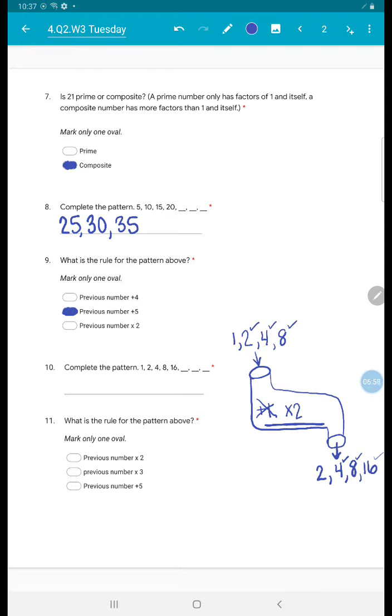So my next number in the pattern, 16, if I put in a 16 and I multiply times 2, I'll get 32. If I put in 32, 32 times 2 we'll get 64.